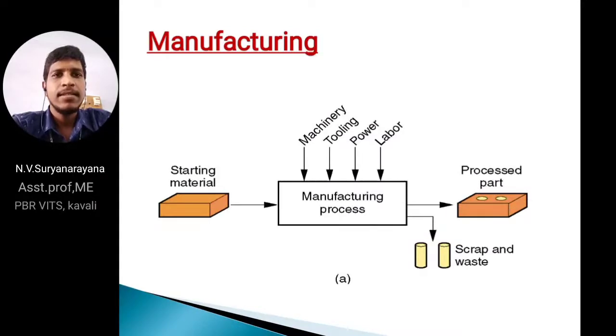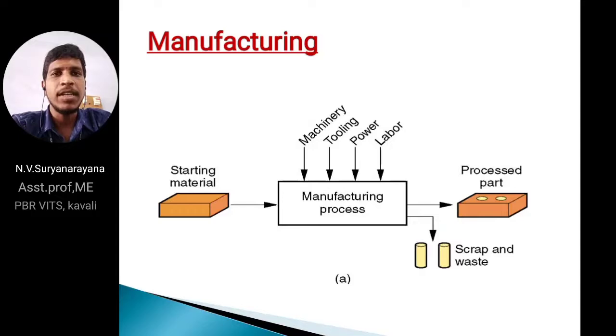Next, in this figure I am showing the process going on in order to produce any part or final product according to our requirement. First of all I am showing the starting material. Starting material is also known as raw material or billet. Starting material can be processed by using manufacturing processes like machinery, tooling, power and labor.